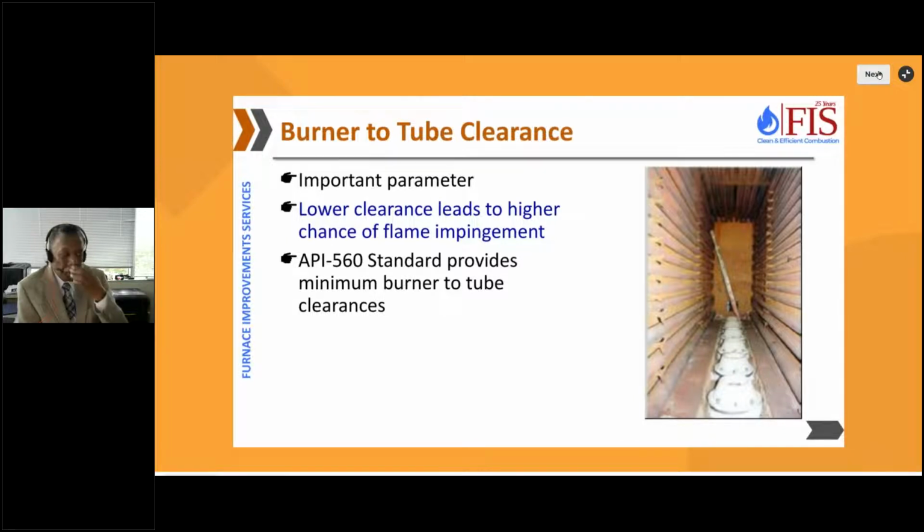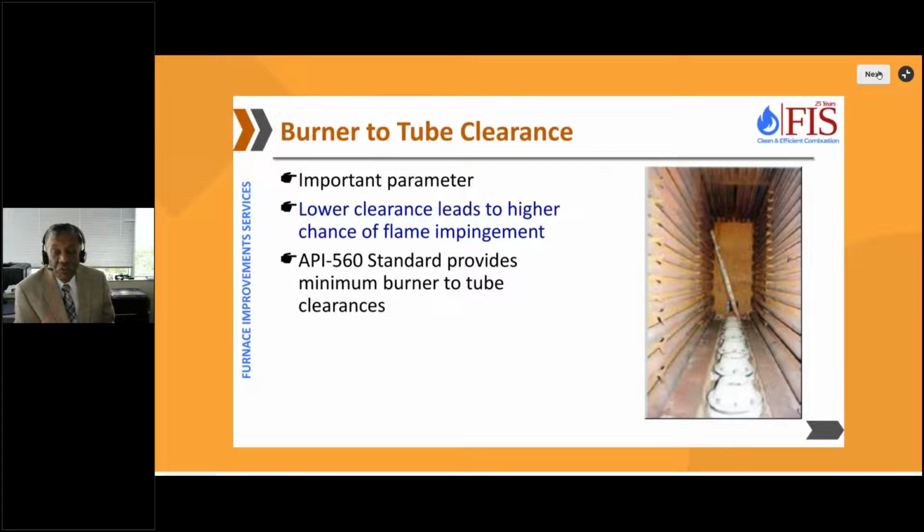It travels in a straight line, and per the Stefan-Boltzmann equation, it is proportional to the absolute temperature raised to the power 4. So the burner to tube clearance is a very, very important parameter. If you have a lower clearance, you will have a much higher chance of flame impingement. And this has been aggravated with the ultra low NOx burners.